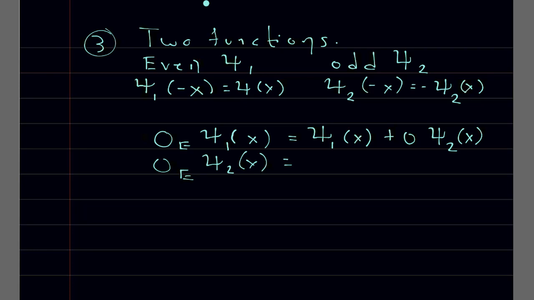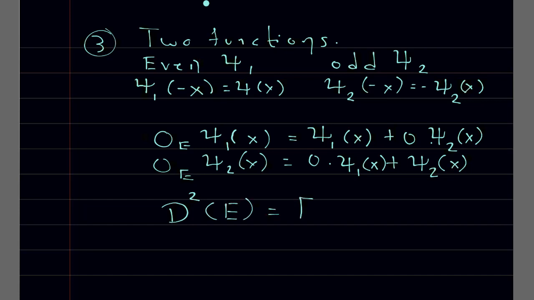I'm going to get psi2 of x, and since I don't get this, so this is 0 times psi1 of x. So now since psi1 and psi2 are linearly independent bases, can you now tell me what will be the two-dimensional representation of E? The two-dimensional representation of E turns out to be 1, 0, 0, 1.